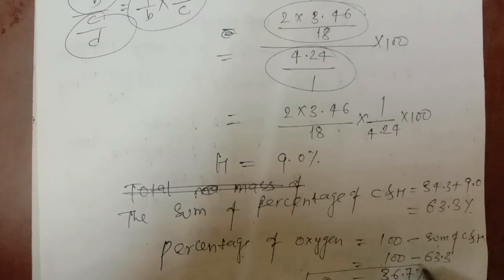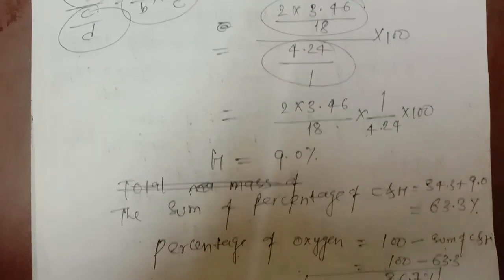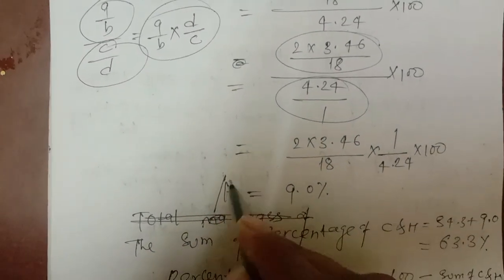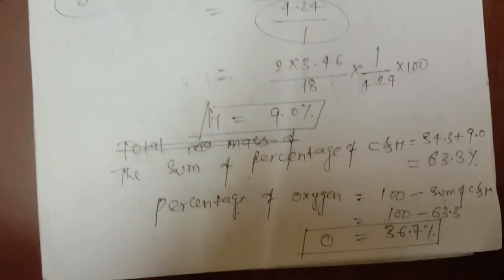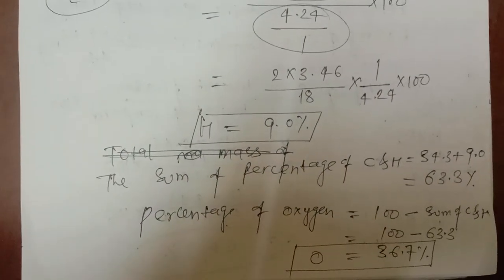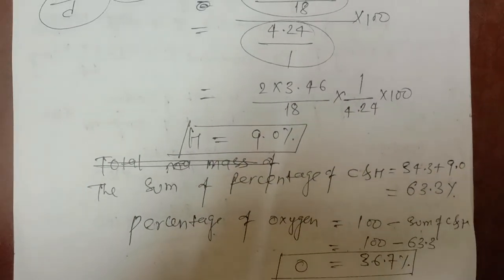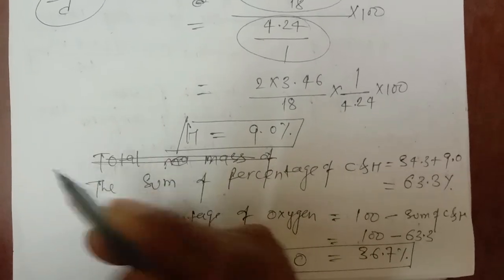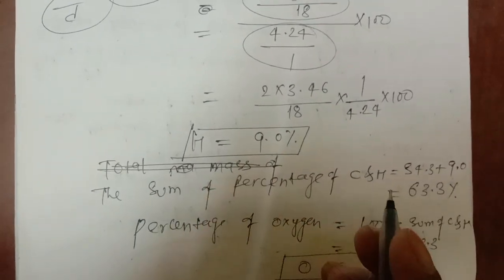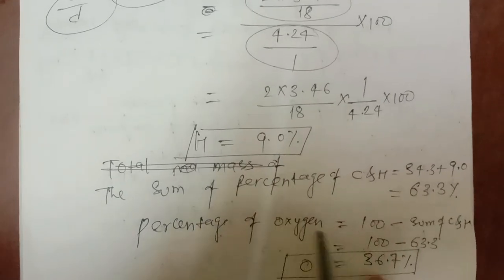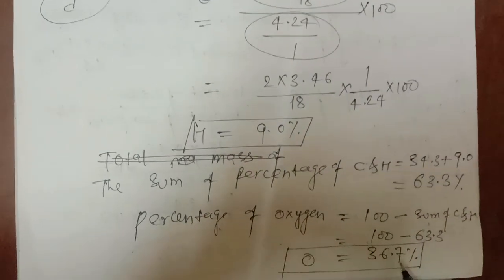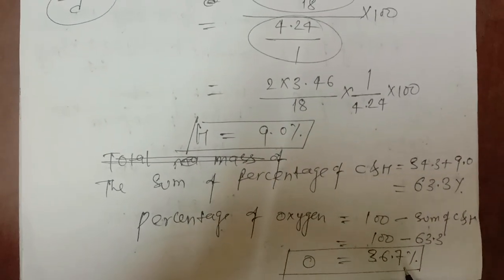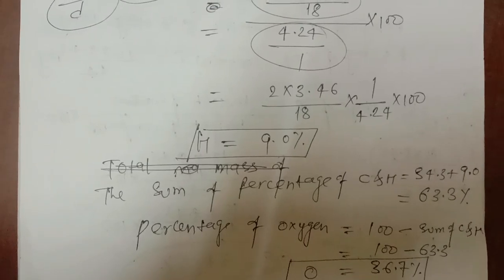This is the percentage of oxygen. So in this part A we are able to find the mass percentage of carbon, 54.3, hydrogen 9%, and oxygen 36.7%.